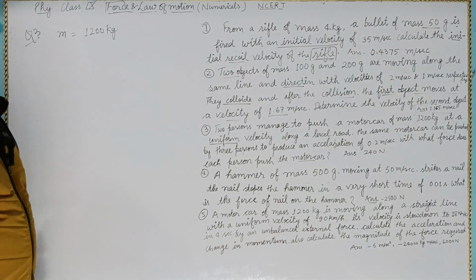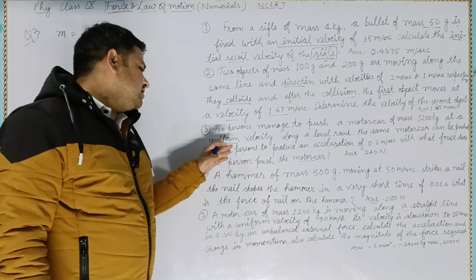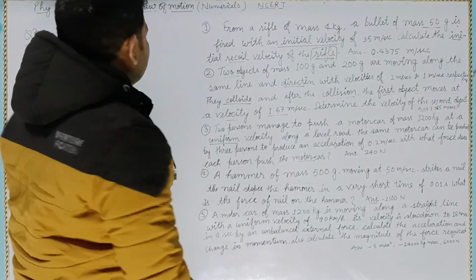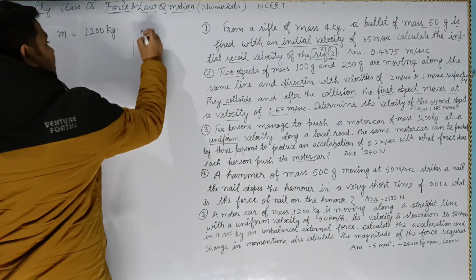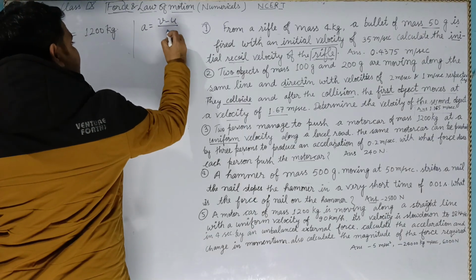When the velocity is uniform, initial velocity and final velocity are the same, because we know that acceleration is equal to v minus u upon t.